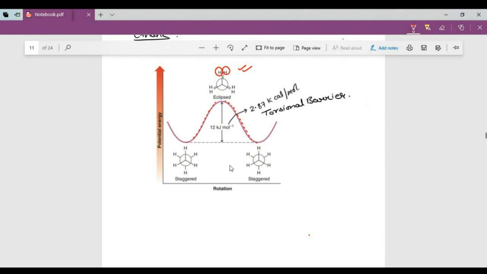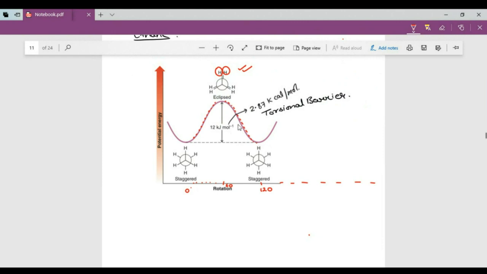In this graph, if I start taking this as a zero dihedral angle, then as I move 1 degree, 2 degrees, 3 degrees, 4 degrees, say 60 degrees, and then 120 degrees and so on, I'll have a repetitive graph. And here is the change in potential energy of the different conformers.